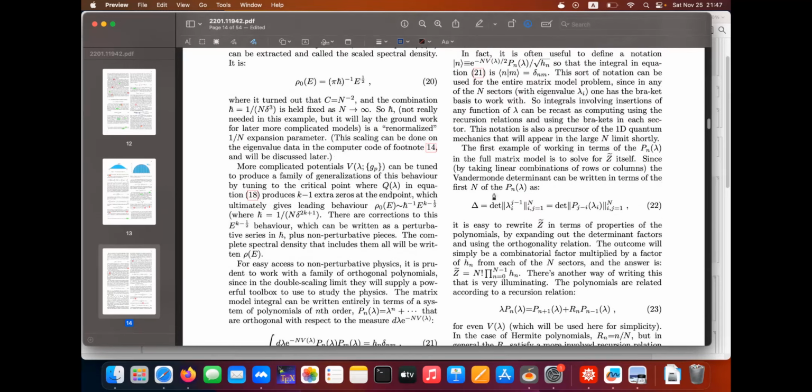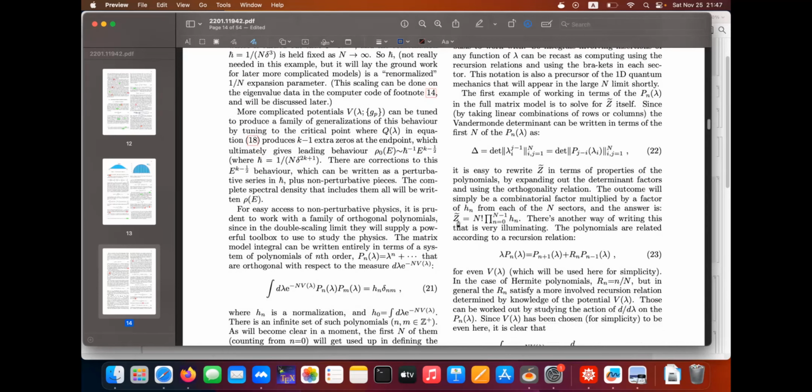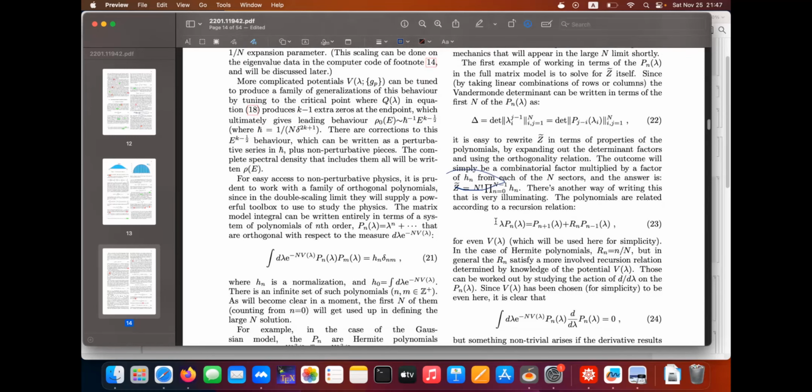And you will find that the determinant of the matrix can be written as a product of the orthogonal polynomials. So finally, you can find that the partition function is quite easy to calculate, and the recursion relation can help us to calculate it.